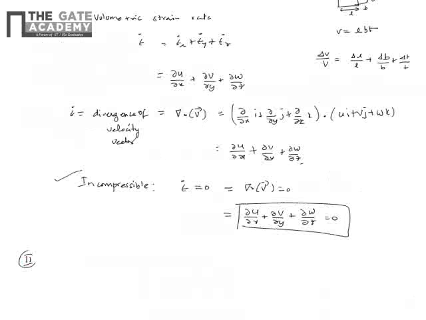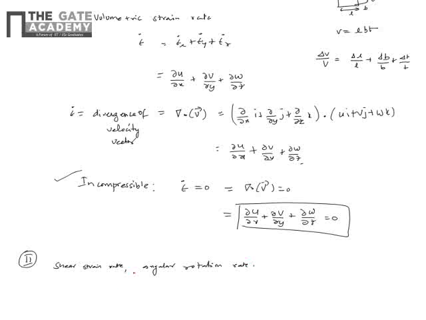The second is your rotational rate. So there are two things, shear strain rate and angular rotation rate. There are two parameters, we'll see one by one. Okay, so how do we define the shear strain rate?